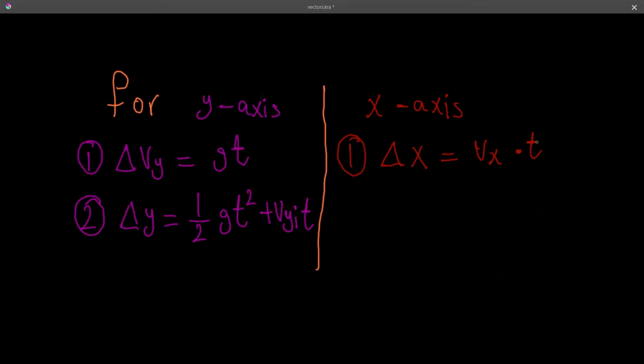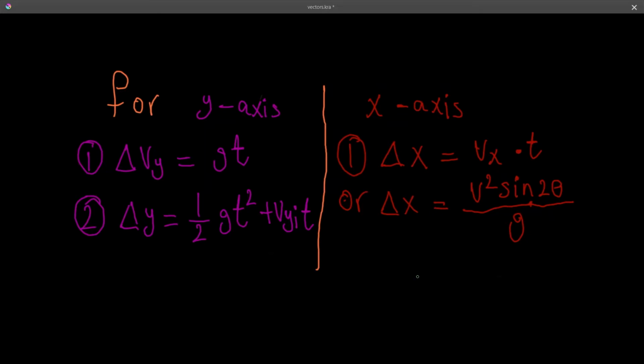People usually ask for the range, and if you rearrange this formula to be time independent, then you get delta x equals v squared sine 2 theta over g. Okay, so this is just the second version of this formula.